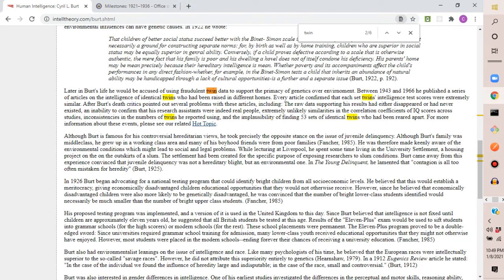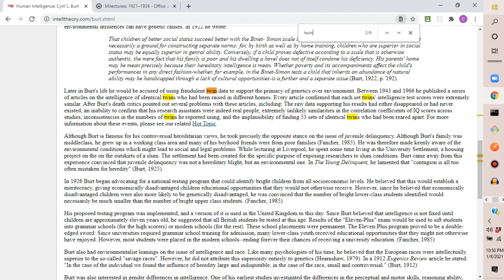Each set of twins' intelligence test scores were extremely similar. His results were hotly contested. A lot of people were critical of his studies, saying he kind of forged data. Raw data supporting his results had either disappeared, never existed, or had inconsistencies.